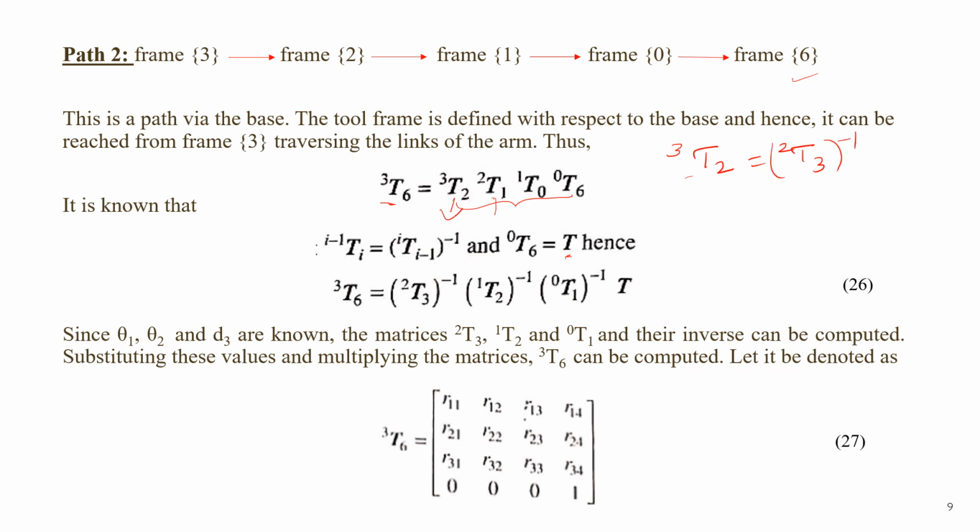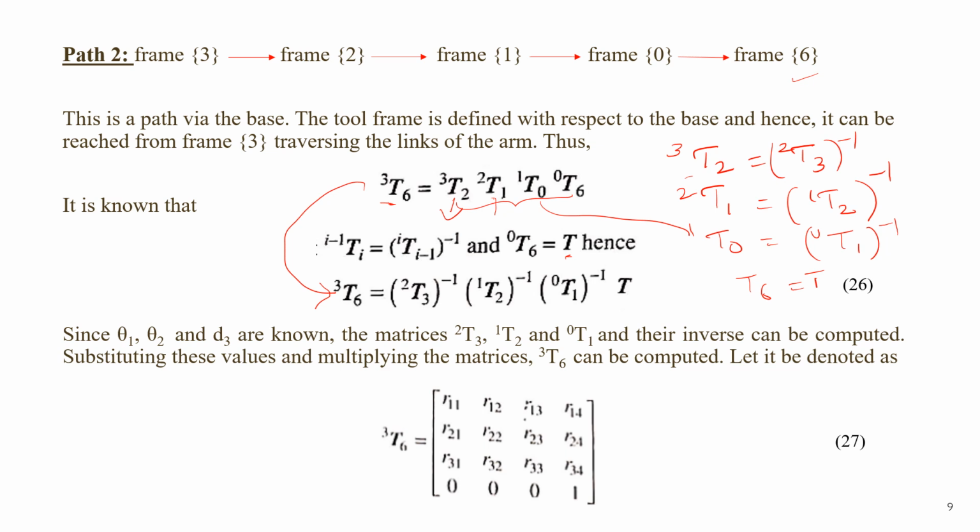Likewise, T1 to 2 is equal to T2 to 1 inverse. So next T0 to 1 will be equal to T1 to 0 inverse, and T6 is written as T. So this equation we are just rewriting with its inverse components.